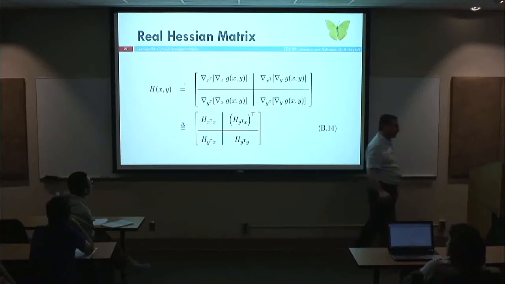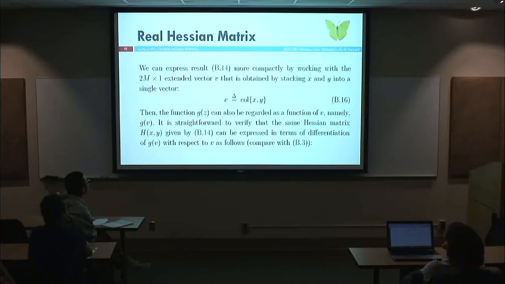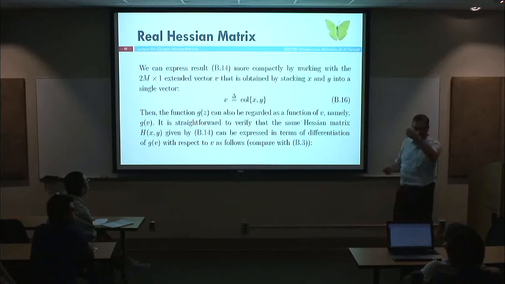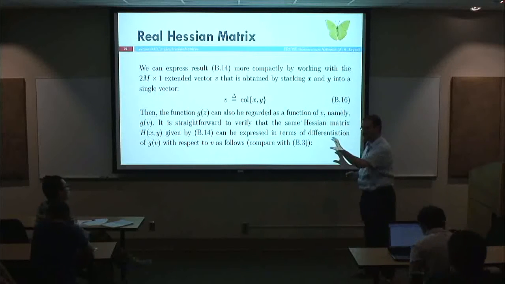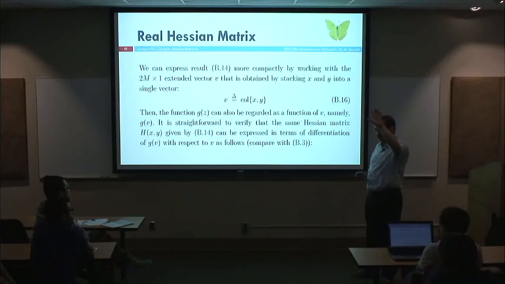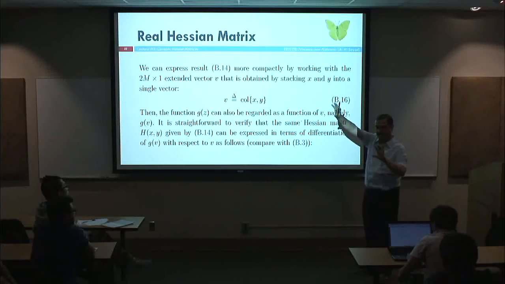Here I'm just defining the notation which you have from before. Very good. So that's one way of writing the Hessian in the real case. Differentiate relative to x and y, right? These 4-block Hessian: a Hessian relative to x here, relative to y here, and the cross gradients here and there, fine?